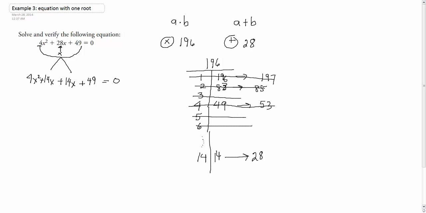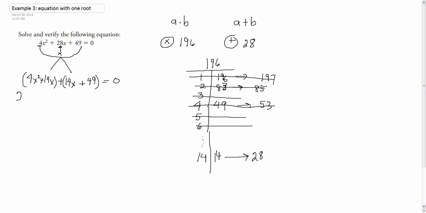Now, the other reason why it could be called grouping is because we group these two together. The first two get grouped, and the second two get grouped. We then look inside the first binomial and see, do we have a common factor? And in fact, we want the greatest common factor.